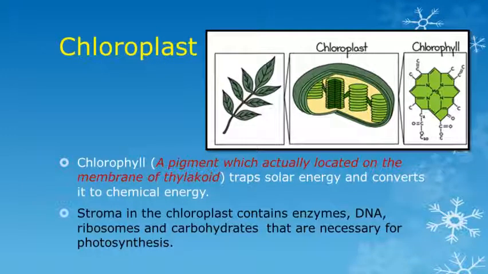And the stroma in the chloroplast contains enzymes, DNA, ribosomes and carbohydrates that are necessary for photosynthesis. That means the materials required for photosynthesis are contained in the stroma.